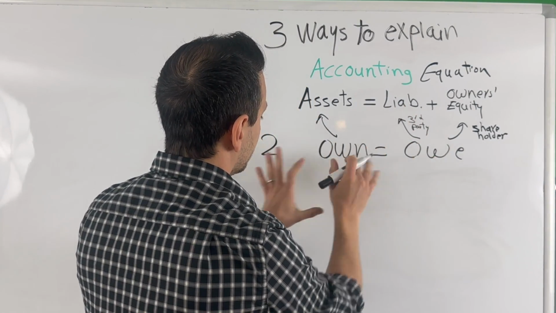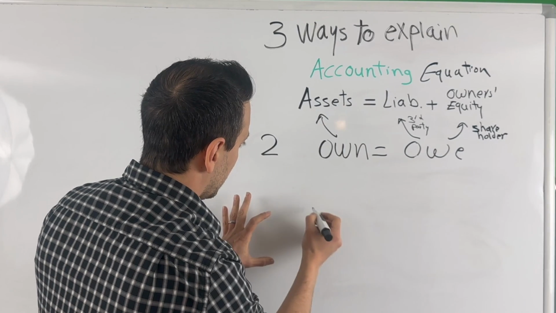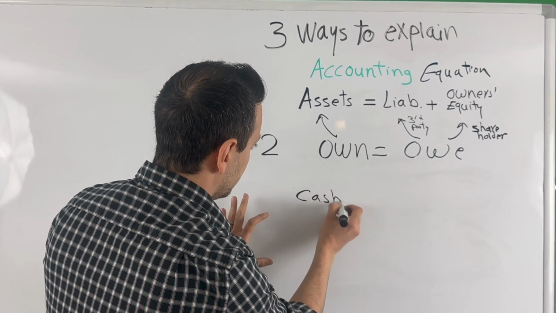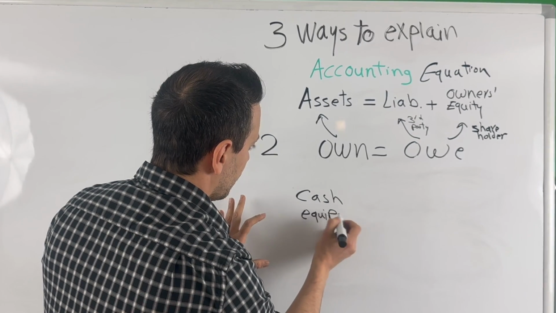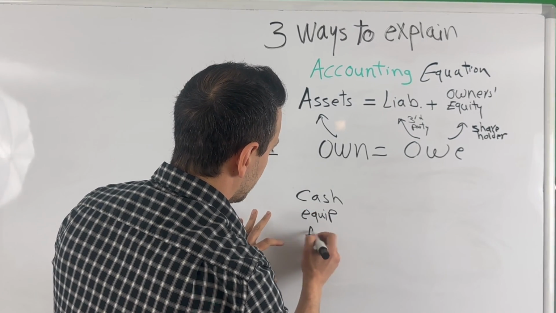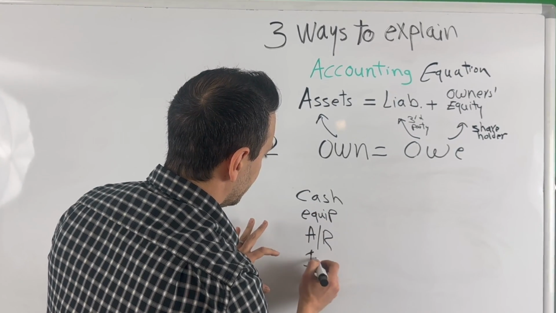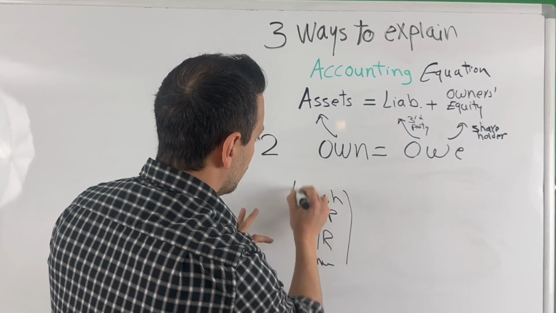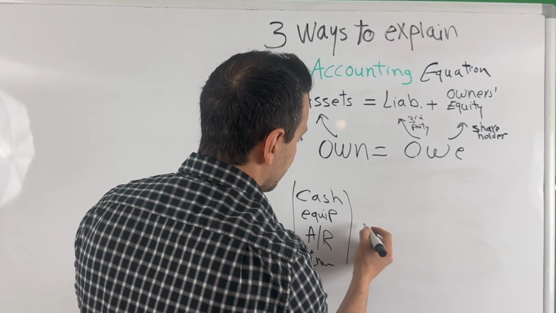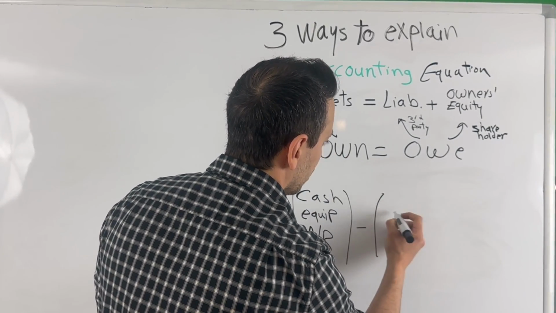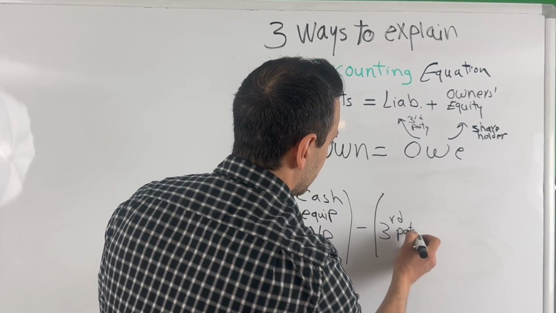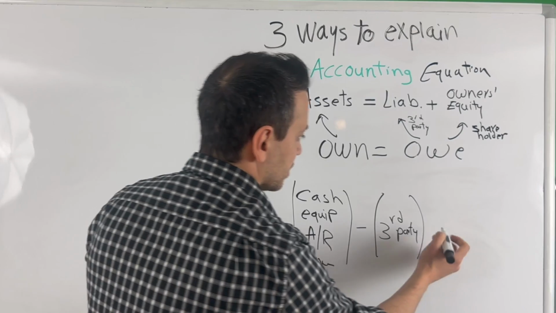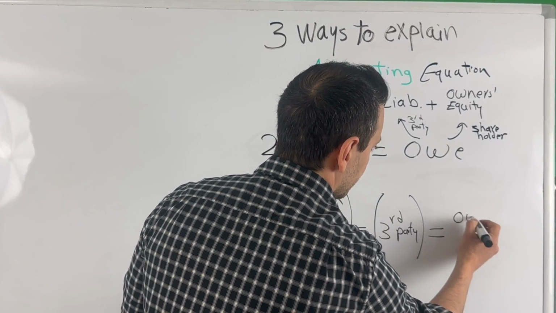So what we're saying here, all of the assets that we have, let's say cash, equipment, AR, inventory, right? This is the stuff that we own. If we subtract from this stuff what we owe to third parties, right? What's going to be the result? It's going to be the owner's equity.